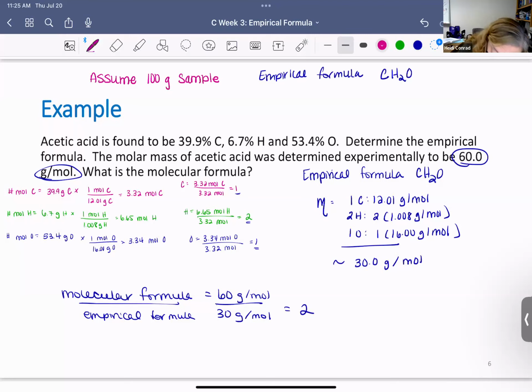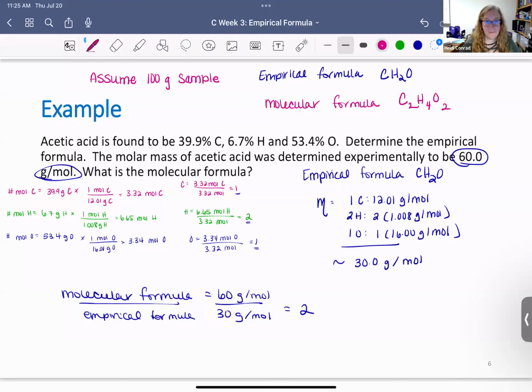That means that my molecular formula is twice that of my empirical formula. So C2H4O2 would be acetic acid. Molecular formulas are always, no exceptions, equal to or a multiple of your empirical formula.